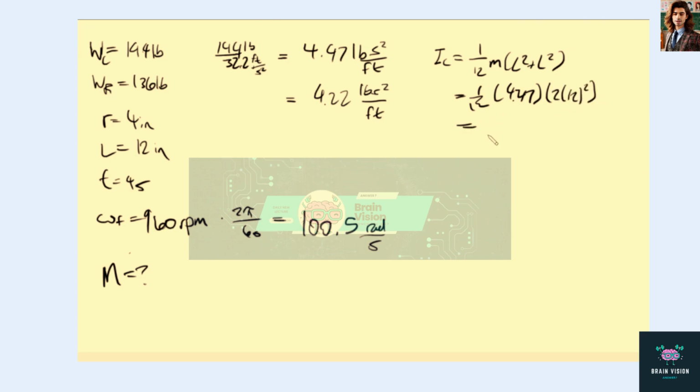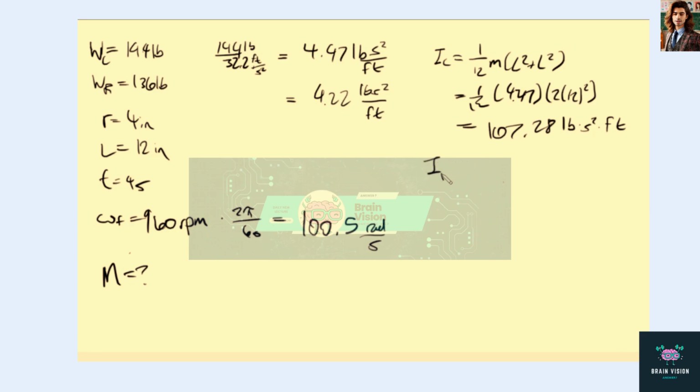This gives us an IC of 107.28. And what are the units of this? Good gracious. It's going to be pound second squared times feet.